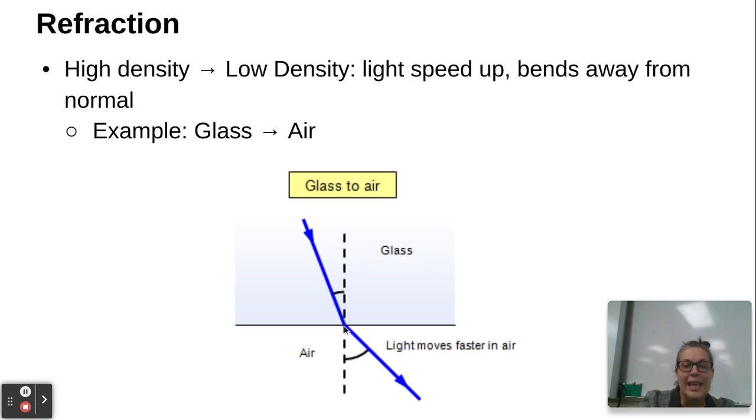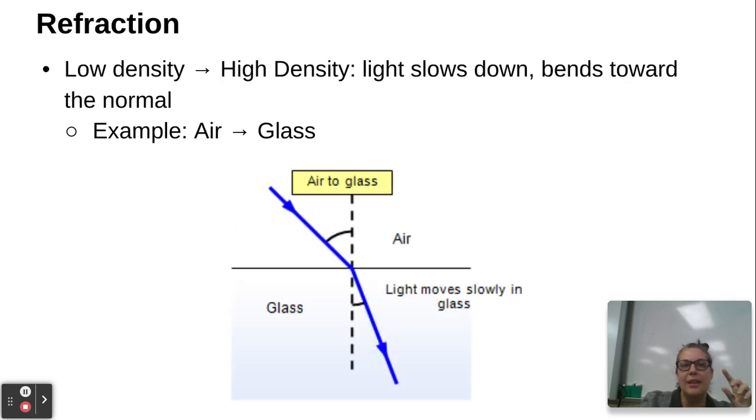And then once it hits the boundary, it starts to speed up and it shoots off to the side away from the normal. It's able to speed up much more quickly. So think of this as you are going from sand to cement. You're able to speed up, you move much more quickly, and you zoom off.